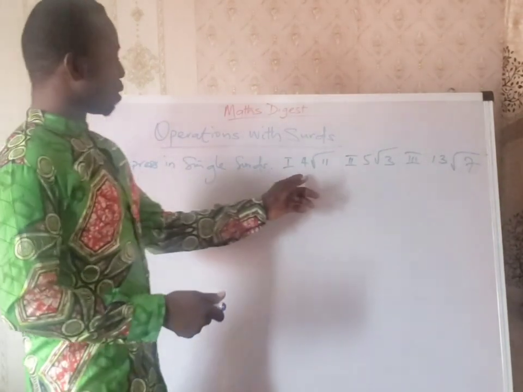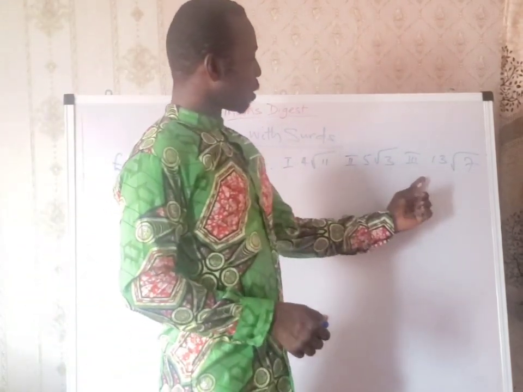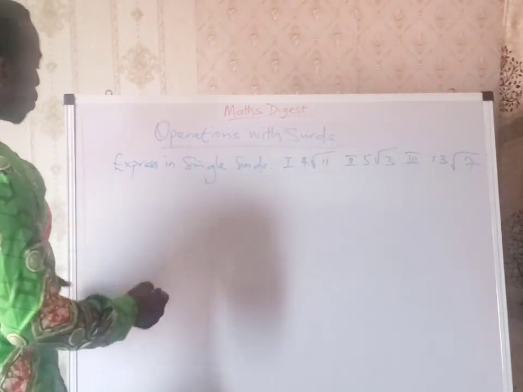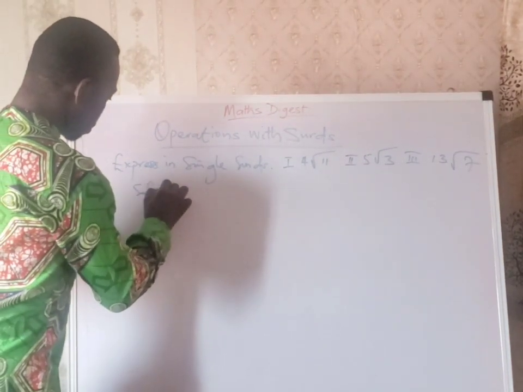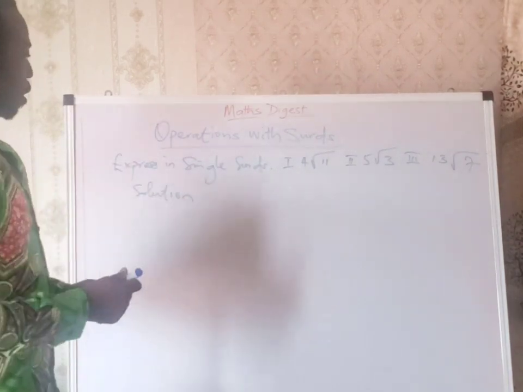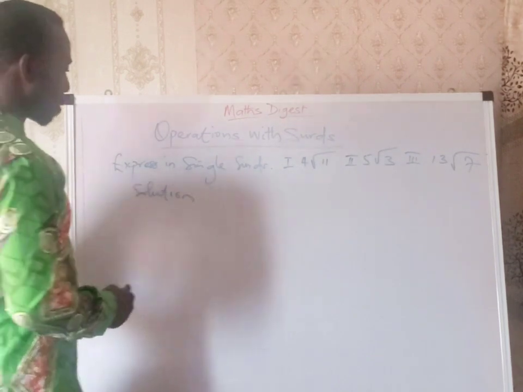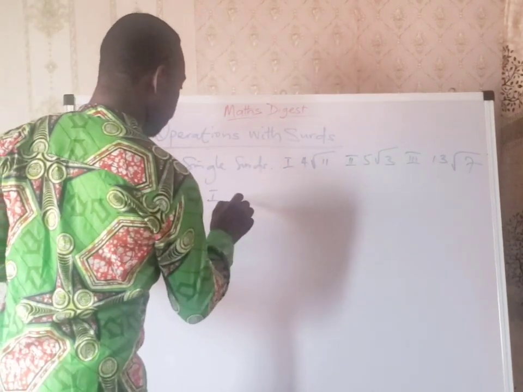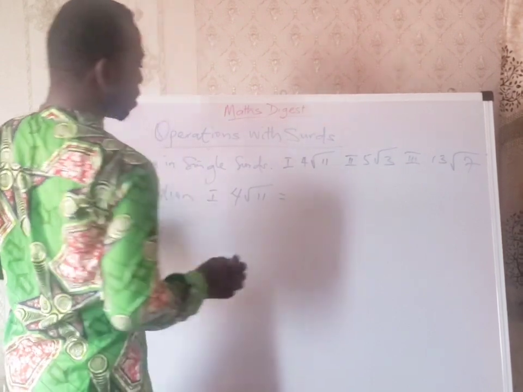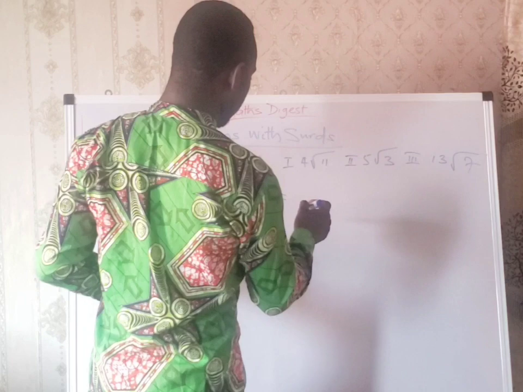Now, the first one says 4 root 11, second one 5 root 3, and the third one 13 root 7. Now, if you want to return this to the original surd, what you do is take, for instance, the first one, 4 root 11. This simply means that you are going to go back to how it was before.